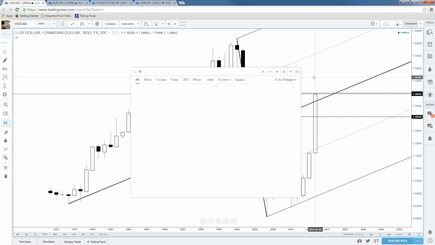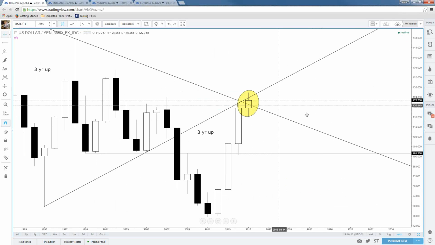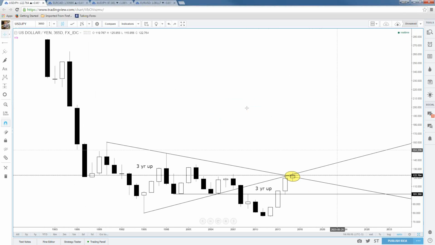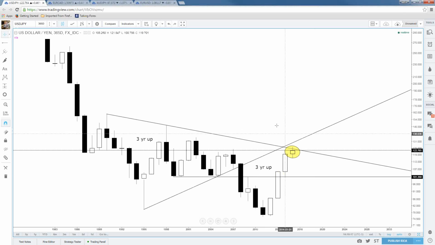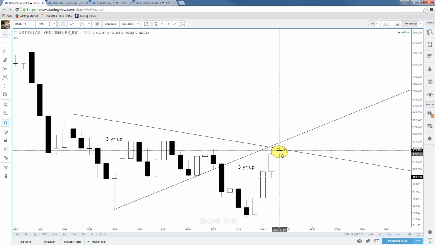All right. Dollar yen, same thing. Dollar yen can finish down near where we open the year, and really hold this resistance. Okay. That starts off the year for dollar yen on a negative note, looking lower.